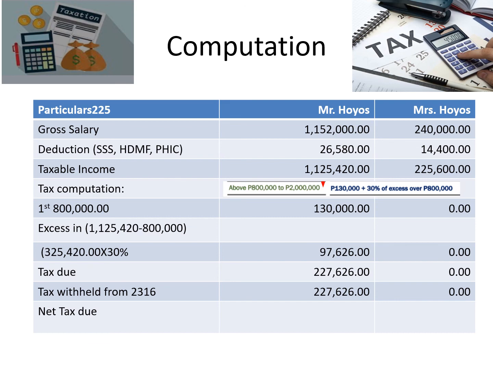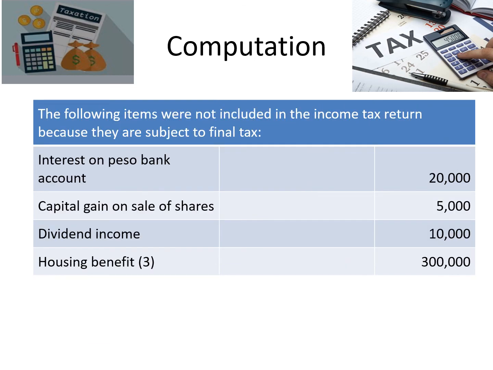So the tax that is payable to the BIR is zero, because for Mr. Huyos, the company already deducted the amount, and for Mrs. Huyos, it's zero. How about the other income tax? Take note that the following are not subject to income tax because they are already subject to final tax. Our passive income is normally subject to 20% tax before you receive it.